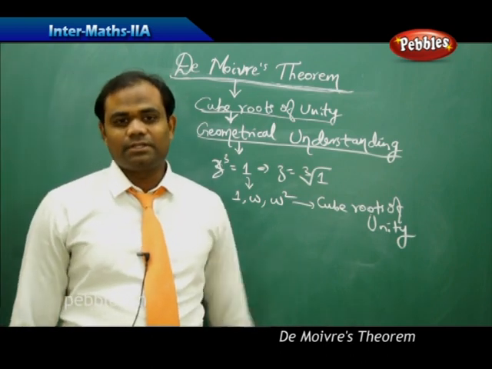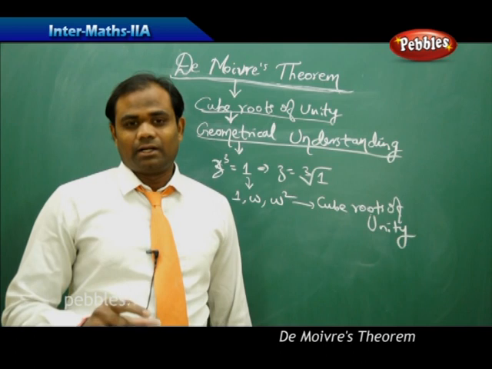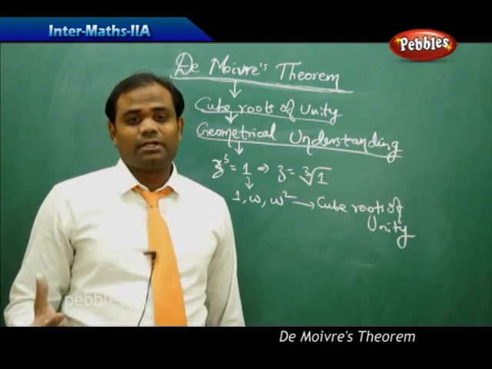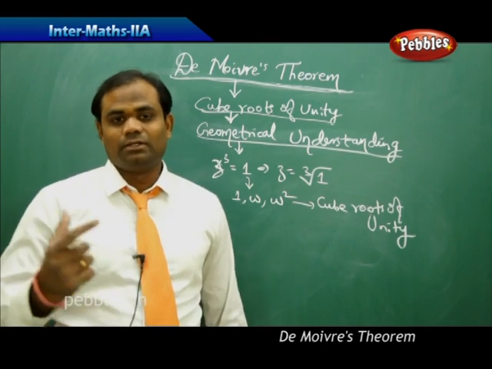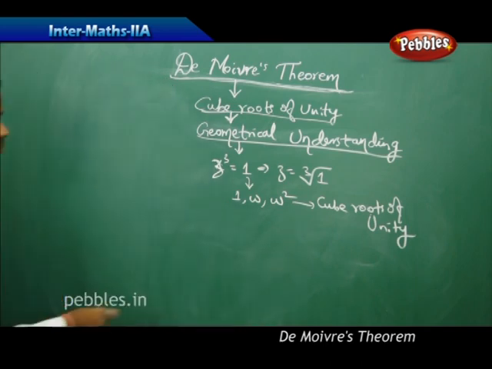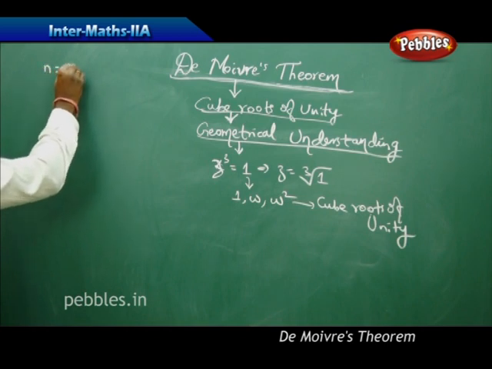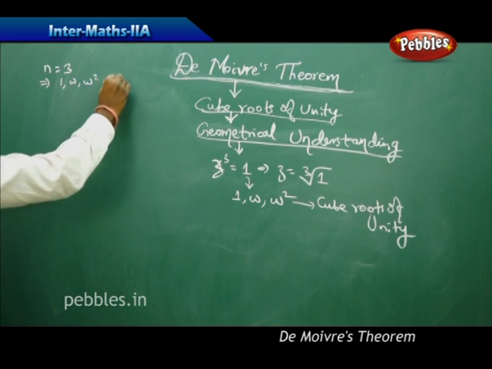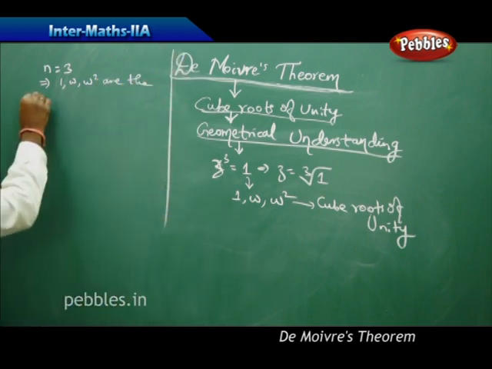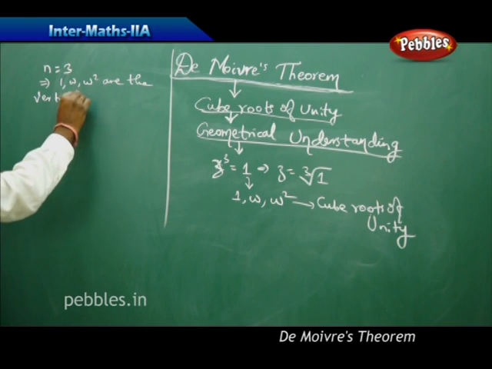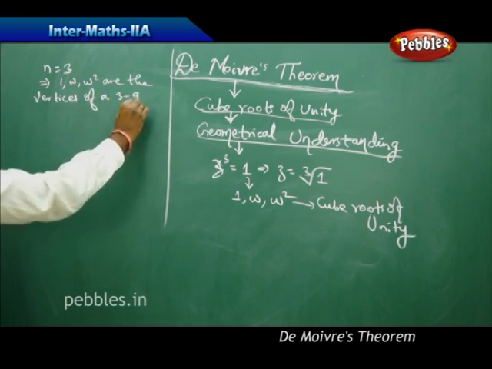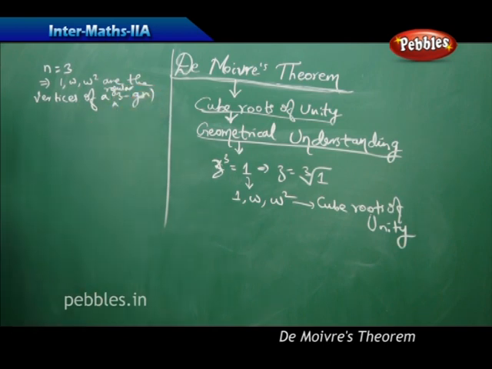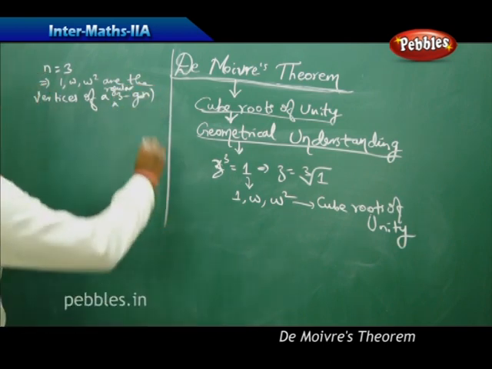Now recently we have seen that nth roots of unity are the vertices of a regular n-gon in a unit circle. Therefore, if I take cube roots of unity, n is equal to 3, that implies 1, omega, omega square are the vertices of a trigon, a regular trigon. Now a trigon is nothing but a triangle.